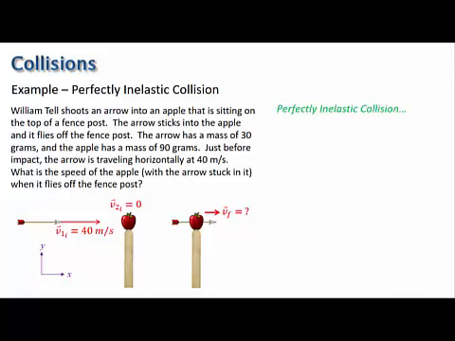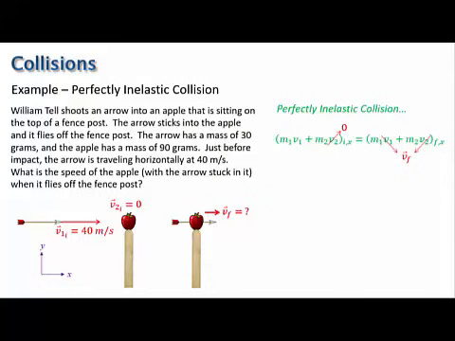Because all of the motion is in the x direction, we just need to use the conservation of momentum in that direction. Next, we can recognize that the initial velocity for object 2, the apple, is 0, and we can recognize that the final velocity for object 1 equals the final velocity for object 2, so we can just make them the same final velocity variable.